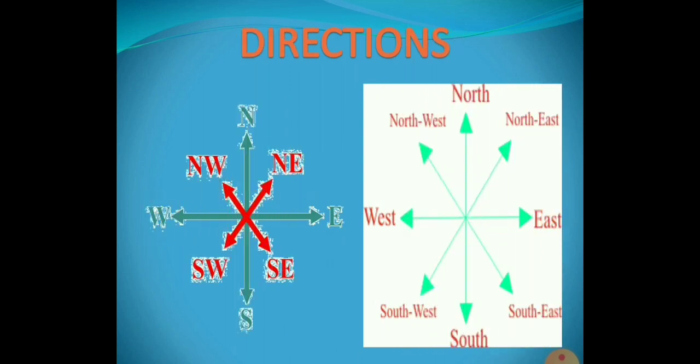First, we'll see directions. All maps follow a system of directions. The four main or major directions are north, south, east, and west. The top of the map is north.